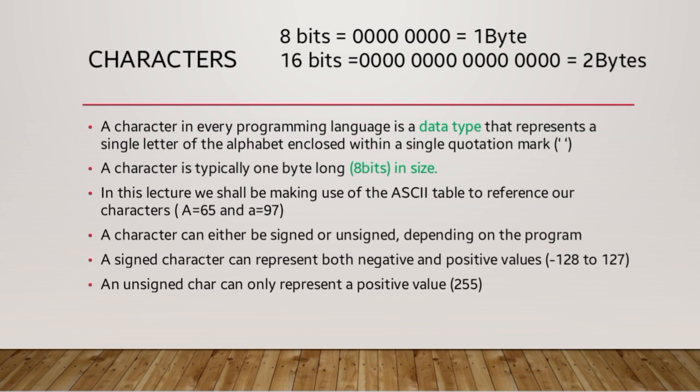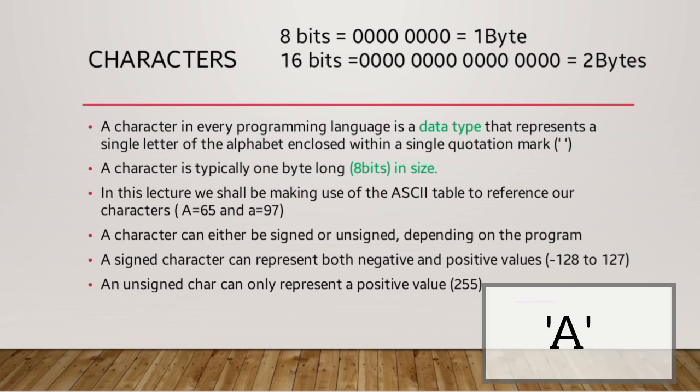So if I pick A and I enclose it within a single quotation mark, then I can refer to it in the world of programming as a character. As we proceed further into the video, I will refer to characters as char because that's actually the way C or every other programming language identifies what a character is.